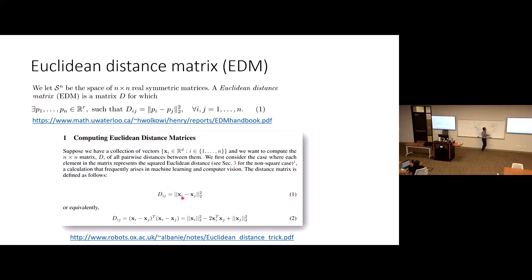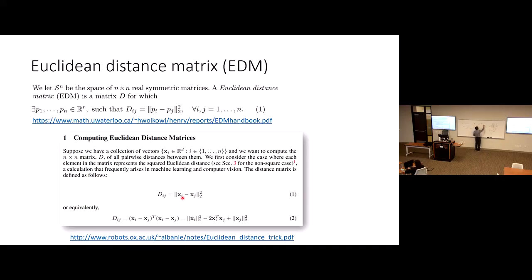Okay, so this gave you the values for a D matrix. So this is a D matrix. You have 1, 2 until n, and this is 1, 2 until n. So each D is a squared Euclidean distance between two vectors.